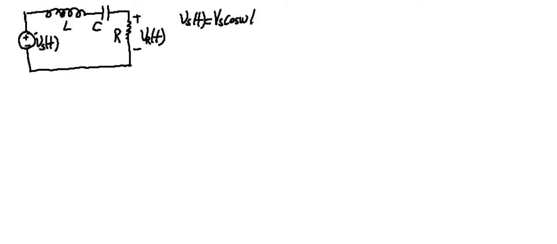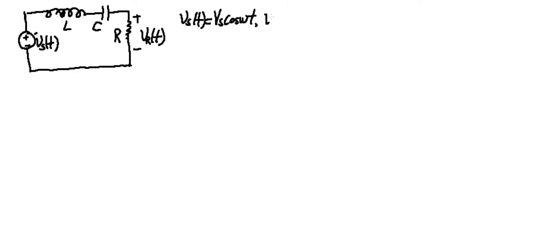So let's say the source is given by VS(t), inductor L, capacitor C, and resistor R. Let's choose the voltage across the resistor as the output voltage, VR(t). And we know the source voltage is equal to Vs cosine omega t, for example.